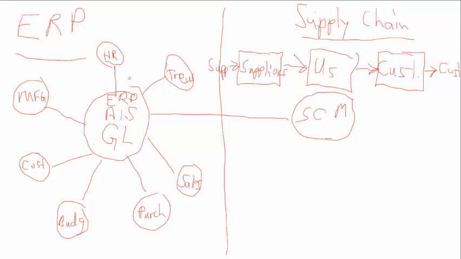Another category of software that's associated with the supply chain as well is the customer relationship management. Supply chain management, even though it's called supply chain, it tends to deal mostly with the supplier and the upstream side of the supply chain in comparison to the company itself.